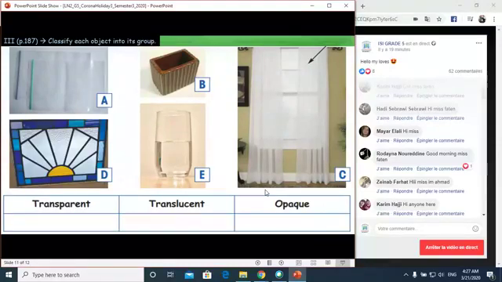Here: transparent, translucent, opaque. Can you help me with this? A. Is A a transparent object, translucent object, or an opaque object? Where are the heroes? A. It's a plastic bag.